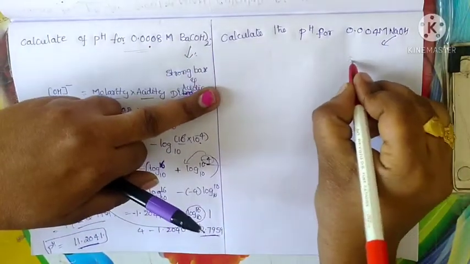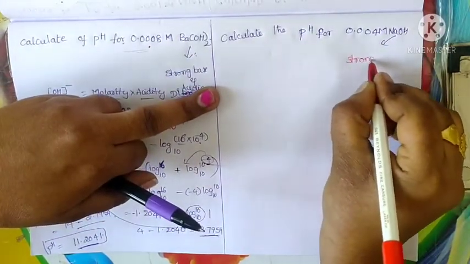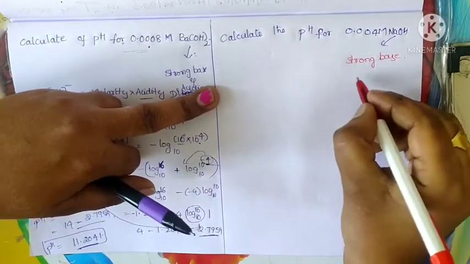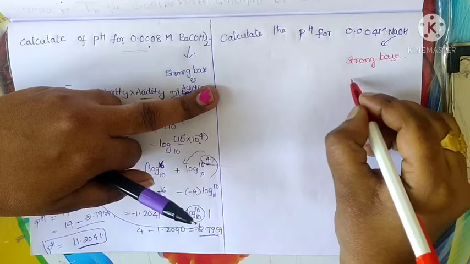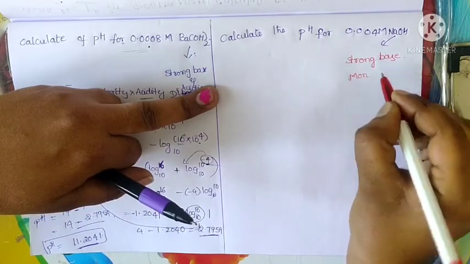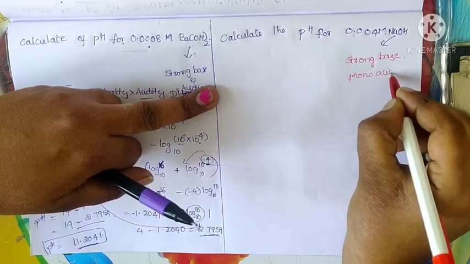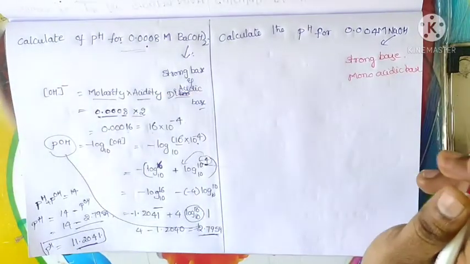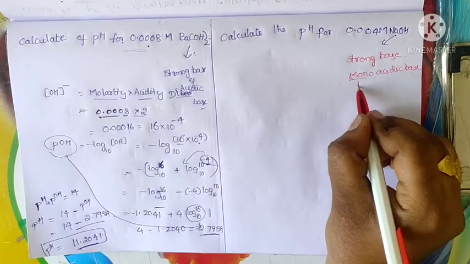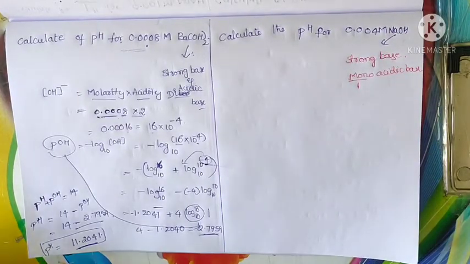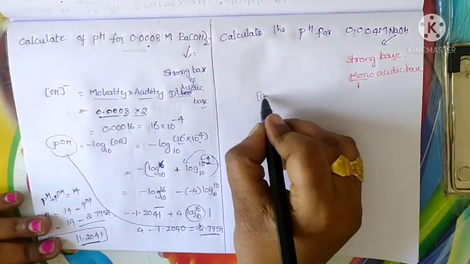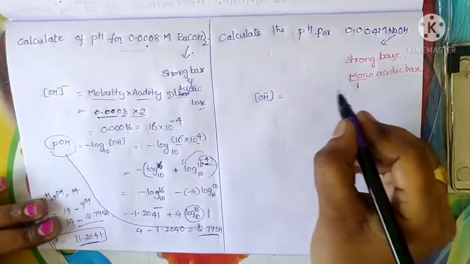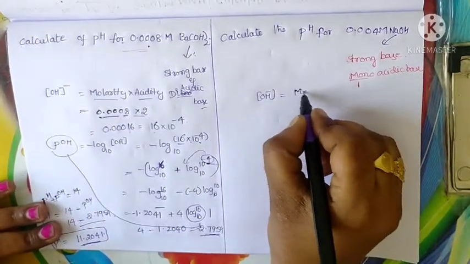Already we know sodium hydroxide is a strong base and it is a monoacidic base, because it contains one hydroxide ion. The hydroxide ion refers to the basic nature. So it is a monoacidic base. Now we calculate the concentration of OH, because in this problem the base is given. That's why we are using acidity.